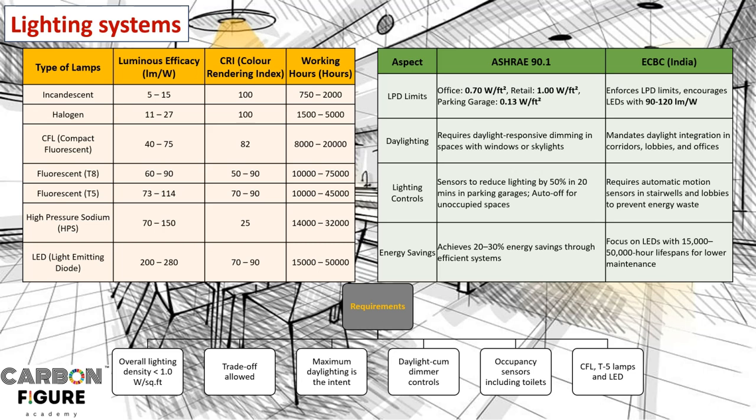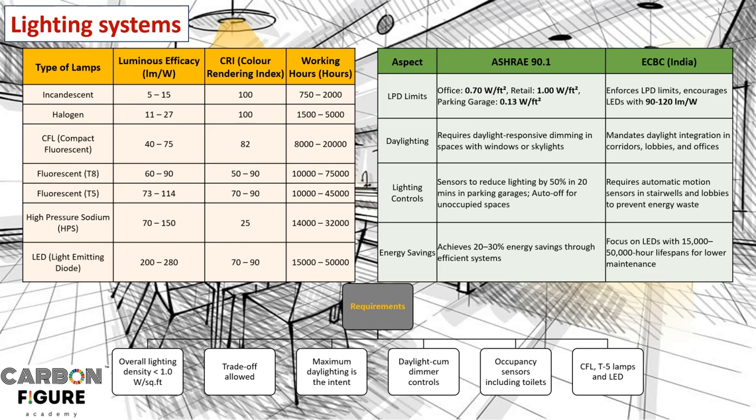Based on the daylighting, when there is too much sun, the glass should restrict some of it. When it is humid and cloudy, the dimming should be completely off, so that all the possible light from outdoors gets indoors, right? ECBC mandates daylight integration in corridors, lobbies and offices.